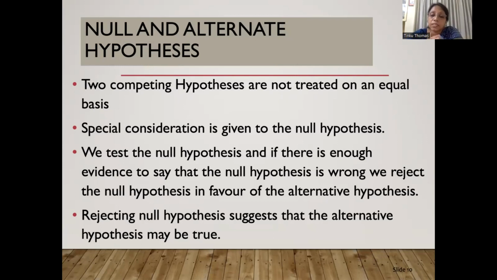The statistical test is always for the null hypothesis, and only if we have sufficient evidence to say that the null hypothesis is wrong, then we go for the alternate hypothesis. So we never test the alternate hypothesis. The testing is always for the null hypothesis. So rejecting the null hypothesis suggests that the alternate hypothesis may be true, and that is the basis of testing a hypothesis.